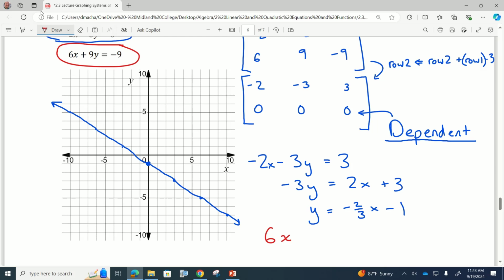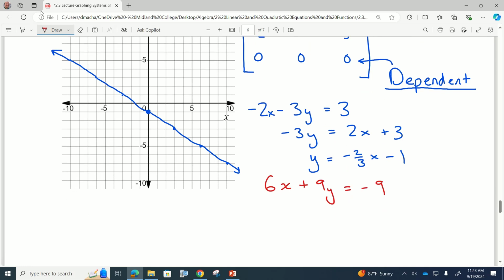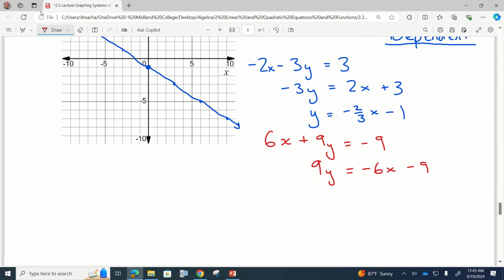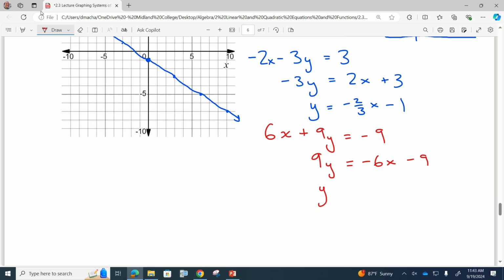of the equation 6x plus 9y equals negative 9, and then we're going to solve for y to give us the slope-intercept form. This time I'm subtracting 6x from both sides. And then I'm going to divide both sides by 9. And then I'm going to simplify the fraction.